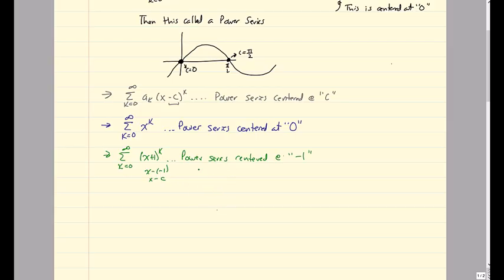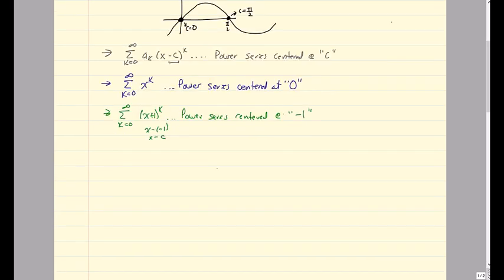Now this looks suspiciously like a geometric series. Remember, a geometric series was a times r to the n, or a times r to the k, and that looks just like this. The implied a is 1 for both of these last two that we looked at. So power series kind of look like a geometric series to me. Let's see if we can use some of those characteristics to keep building on this idea.